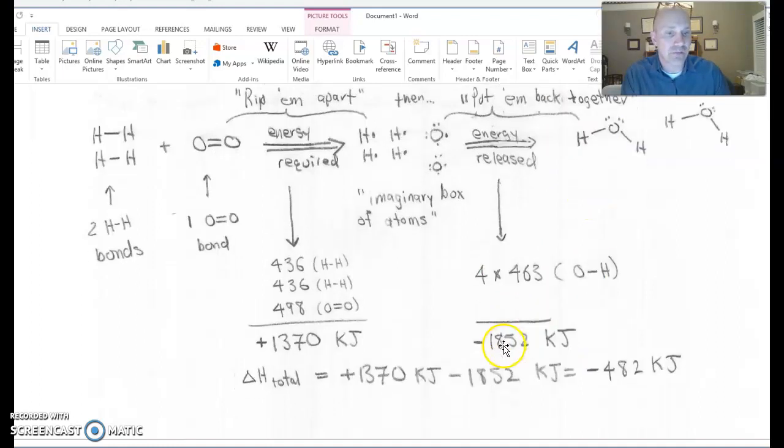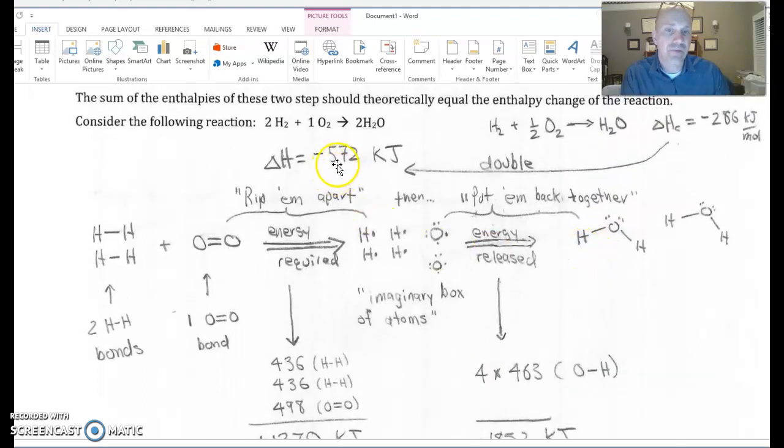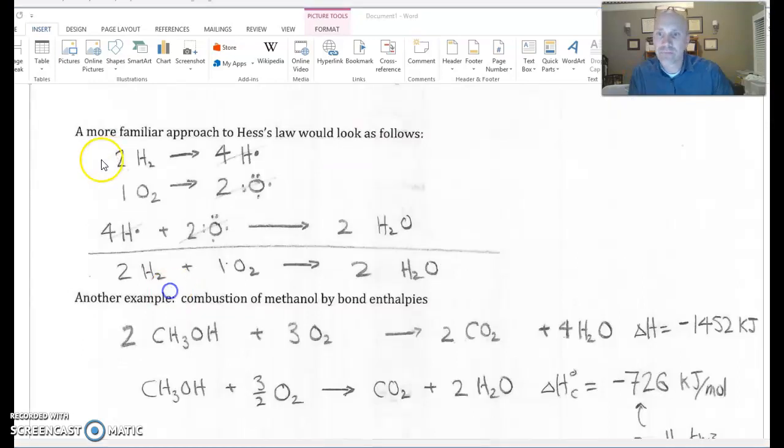And that's why there's going to be a disparity, because this value is calculated for an average oxygen-hydrogen bond, whereas this value right here is specifically talking about the oxygen-hydrogen bonds that are in water molecules.